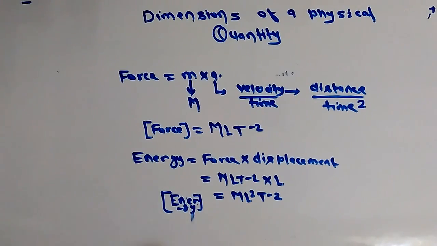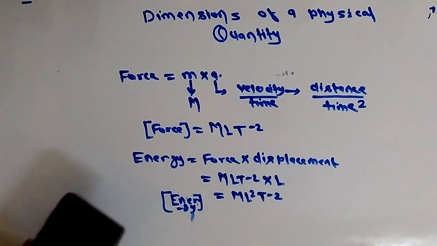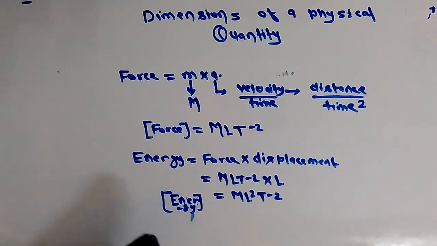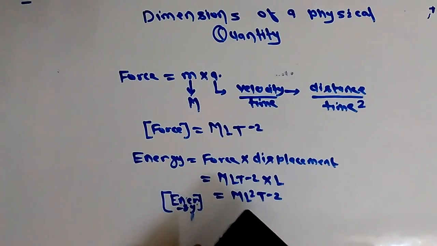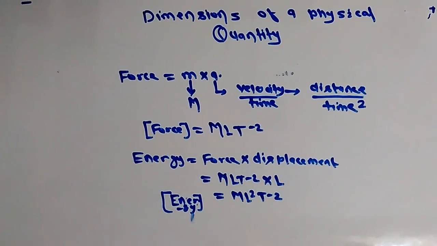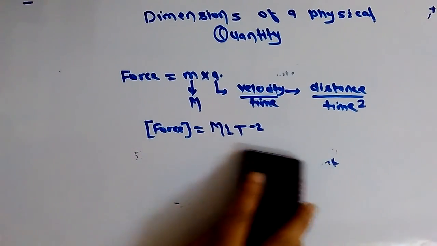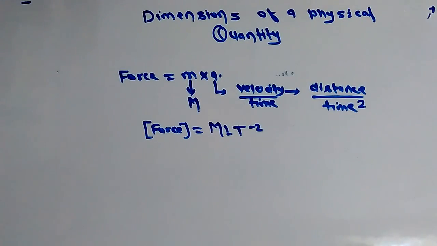Force is M L T to the power minus 2, and that of displacement is L. So the dimension of work will be the same as that of energy, M L squared T to the power minus 2. Suppose you have to calculate the dimension of pressure, how will you write it?